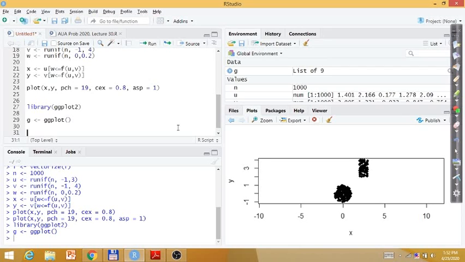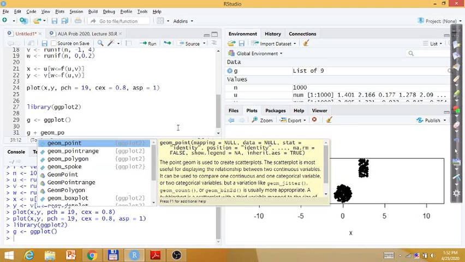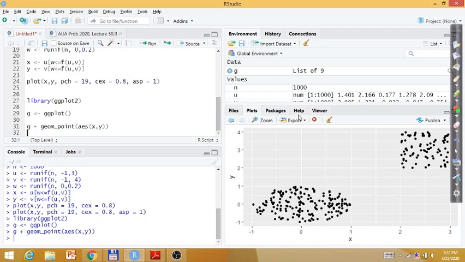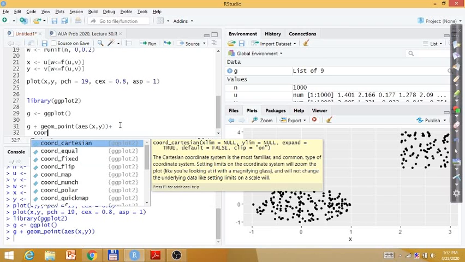Now I can do the following: g plus. I'm adding elements in ggplot one by one. So I'm adding geom_point. I'm writing aesthetics. I want to draw the point x, y, so I'm writing that. Let me run this. I want to keep the aspect ratio, so I'm adding to that coord_fixed.